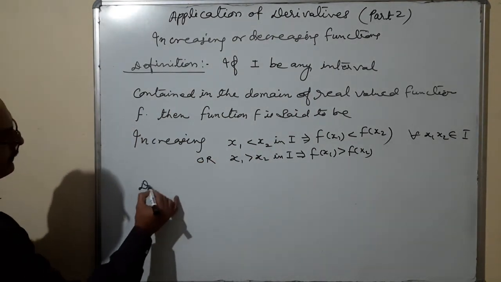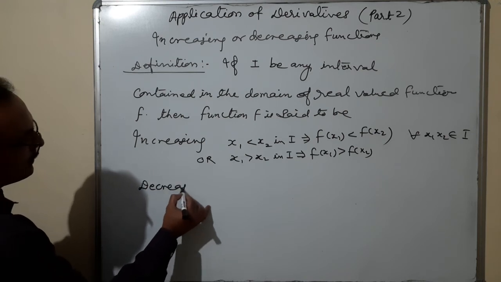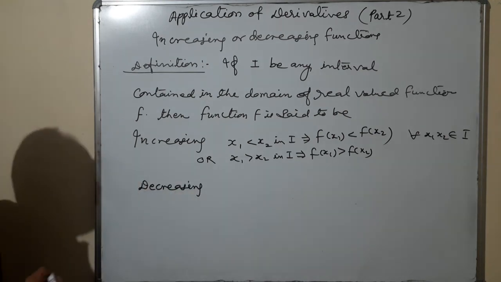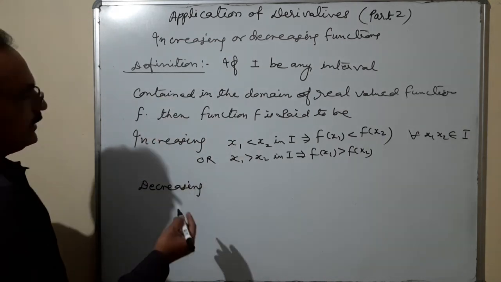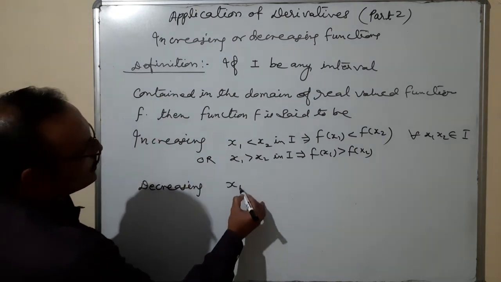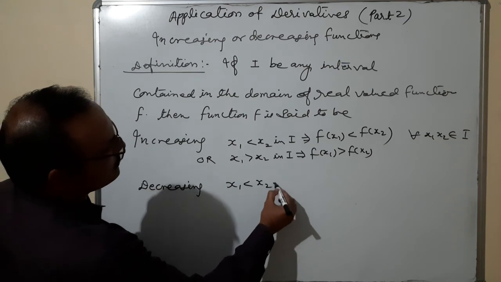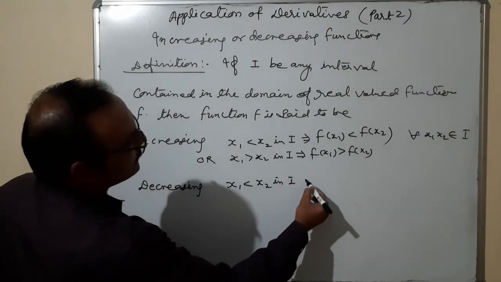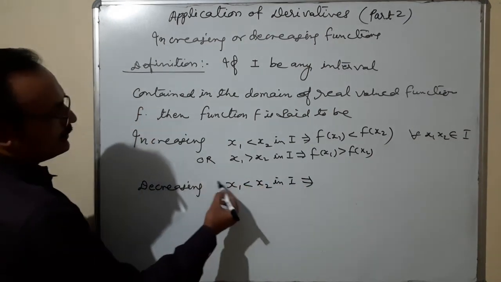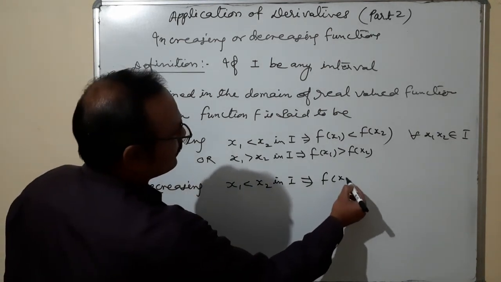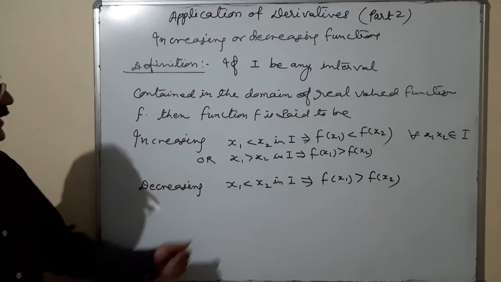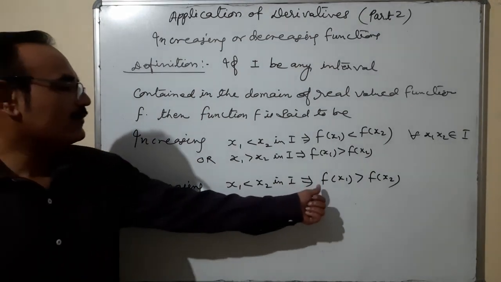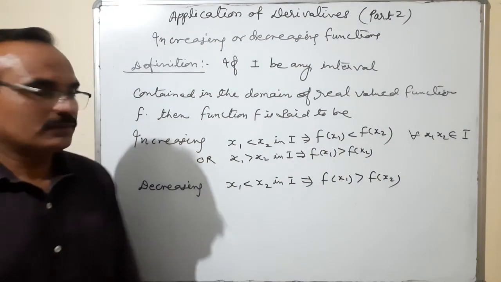Second, decreasing. In decreasing, through the example, through this diagram, what we have concluded? If x1 less than x2 in interval I, then f of x1 is greater than f of x2.